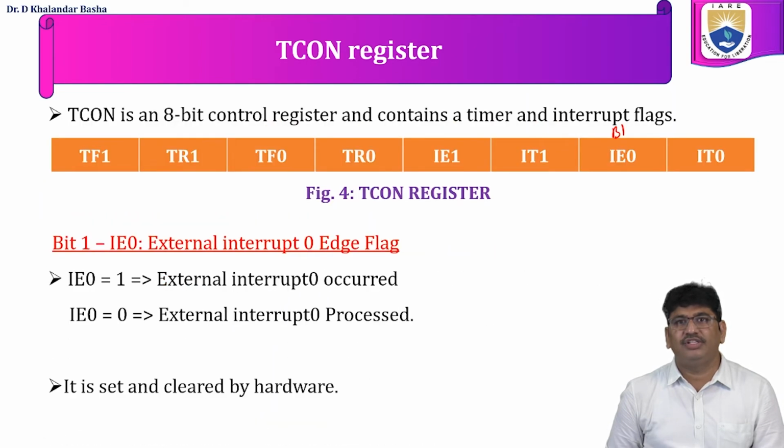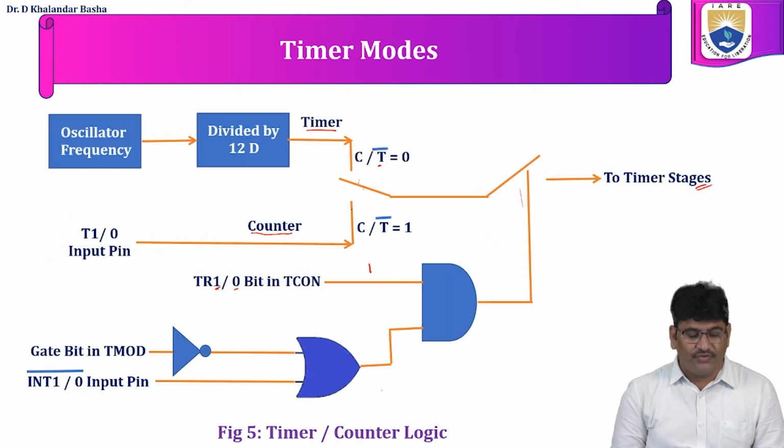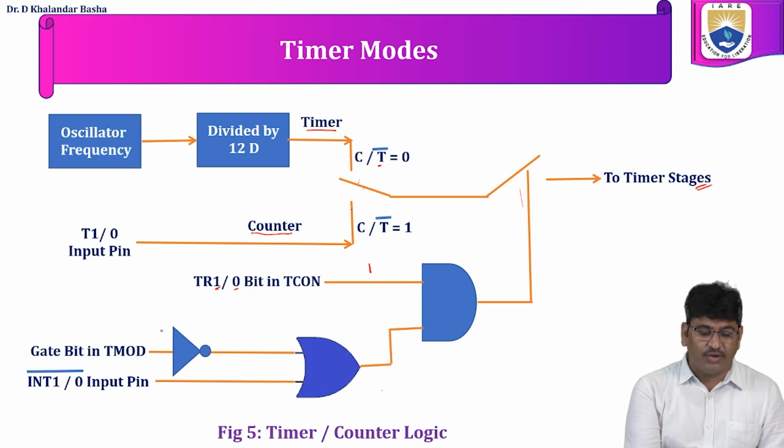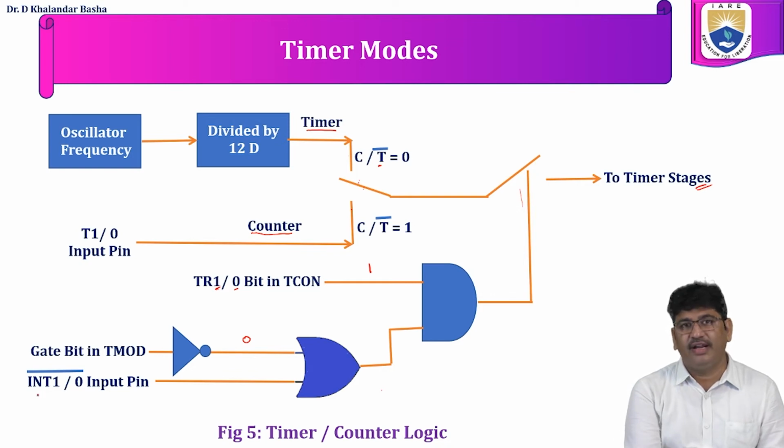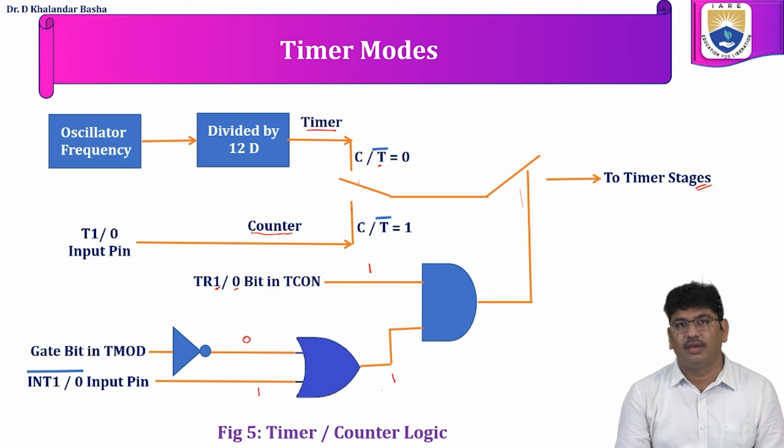Next, what about INT0 and INT1? When we write the gate bit as 1 and the output of this one is 0, then this bit depends upon INT1 or INT0. If there is an interrupt on INT1 or INT0, which is an external interrupt, then the output of this OR gate is 1, which makes the switch closed.